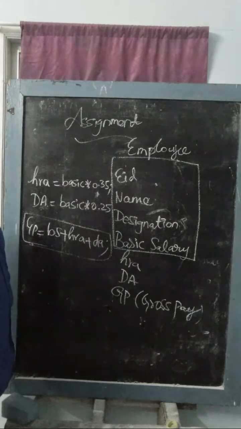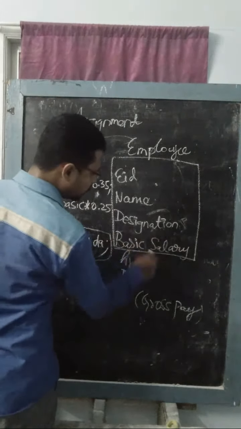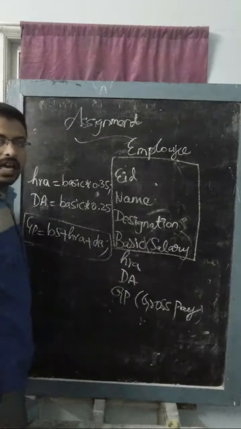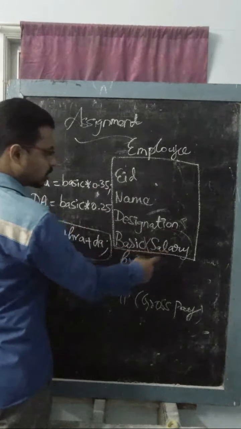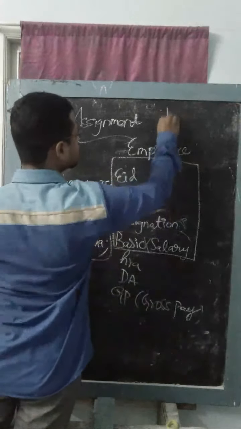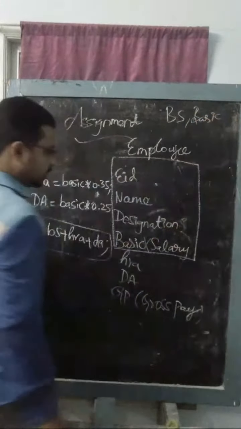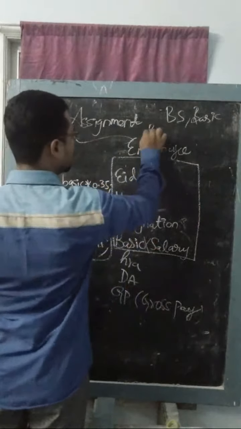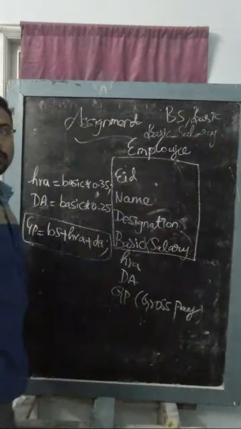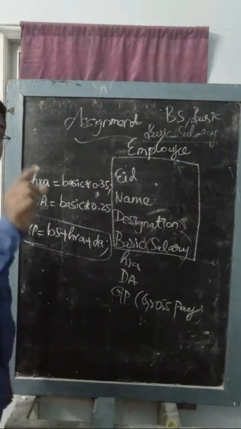Most of the students made a mistake with basic salary. A variable should not have any space between two words. So instead of basic salary, you can write BS, or you can write basic_salary with an underscore, but the variable should be only one word, not two words.